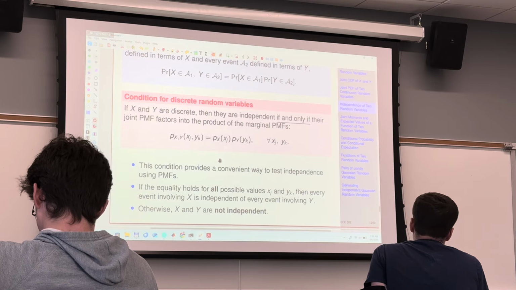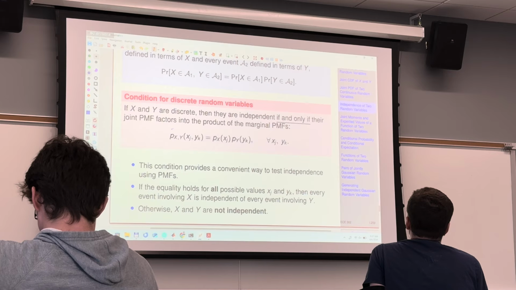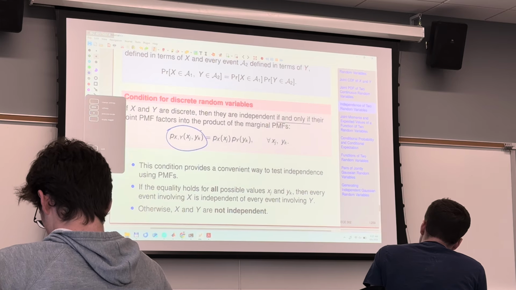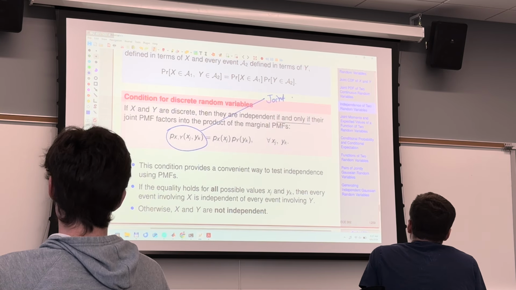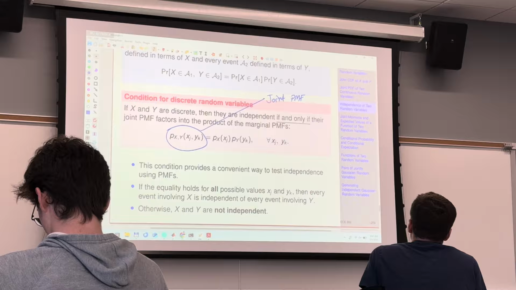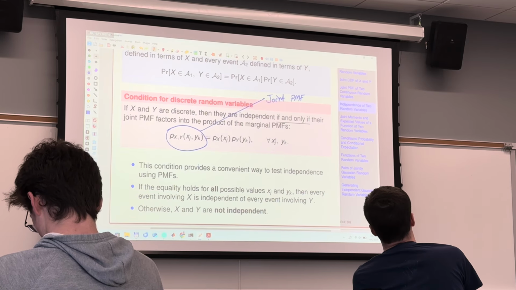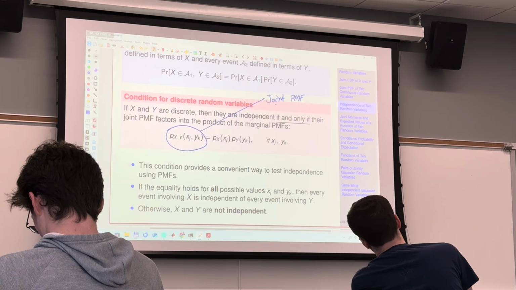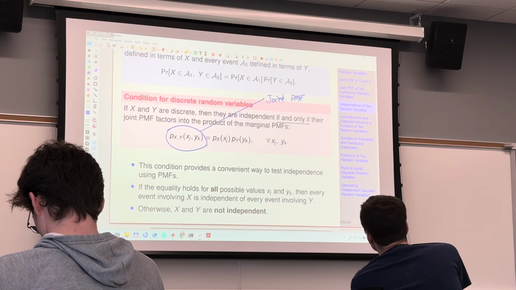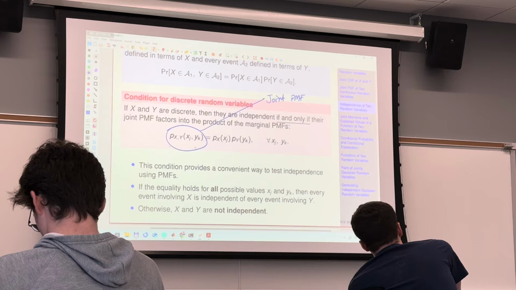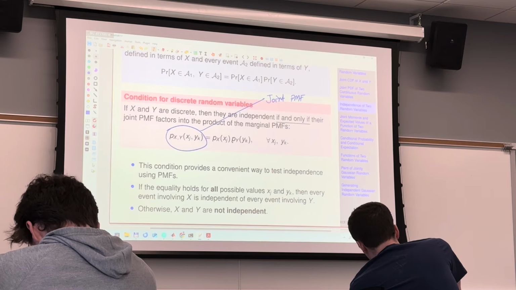If you have joint PMF, joint probability mass function for discrete random variable, we can say that two discrete random variables are independent if and only if the joint PMF is exactly equal to the multiplication of their marginal PMFs.